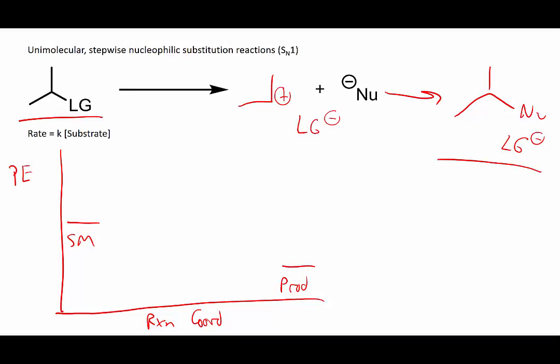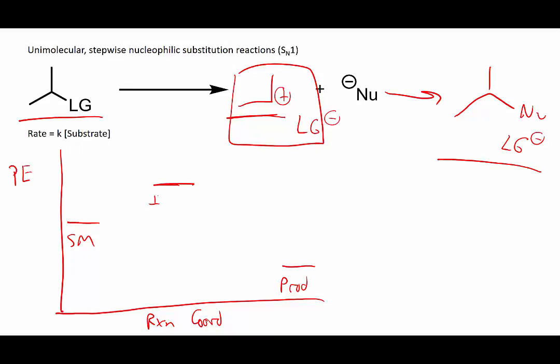Notice, because this is a two-step reaction, we actually have a carbocation intermediate. In general, atoms don't like charge, or in other words, a charged species is going to be higher in energy. So if we've generated a carbocation intermediate, this will be a higher energy than either the starting material or the product.